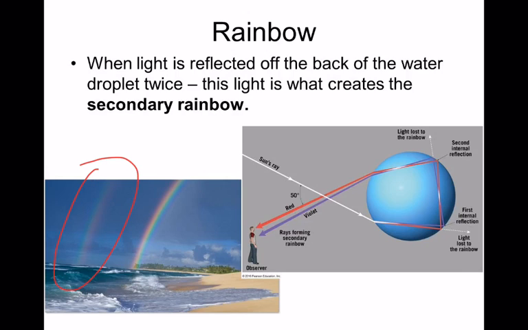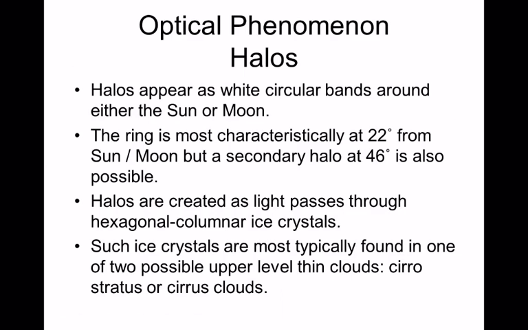So let's see. Sun's rays are entering here. We have refraction here, separating into its colors. We have internal reflection, and then refraction here as it leaves. I think that's gold. All right.